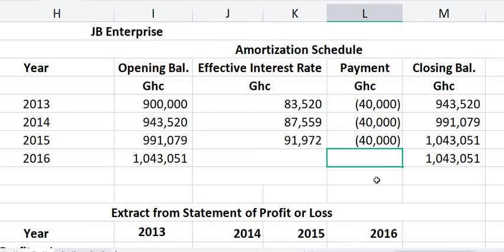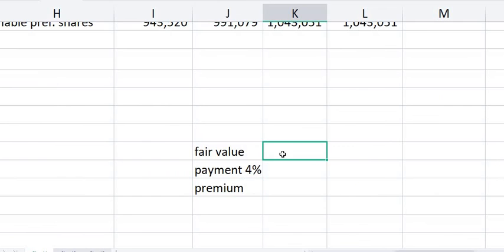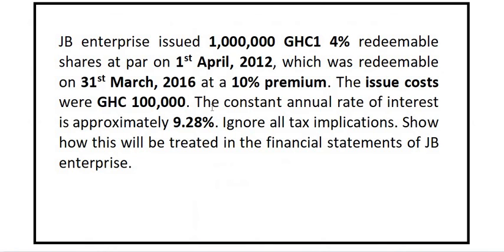So let's do that down here. Okay, so we have this. So we have our fair value. Our fair value is 1 million, and our coupon 4%. So remember, in the last year, you are still going to pay coupon, which is 40,000. And the premium is 10% of the face value or the par value.